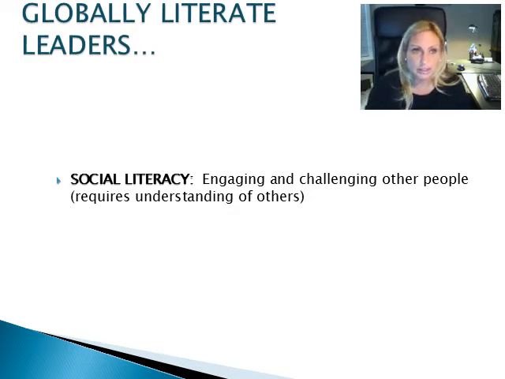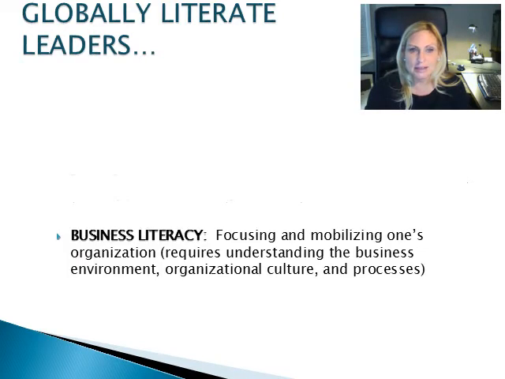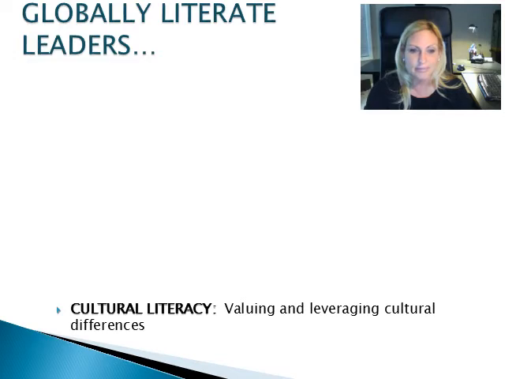The next literacy is business literacy, and that's focusing and mobilizing on one's organization, or understanding the business environment, organizational culture, and all the different processes that you'd find in a business or corporate setting. And then last but not least would be cultural literacy, and that's being able to value and leverage cultural differences and being aware of those things. These are all different literacies that you need to have and master in order to be strategic in your communication process.